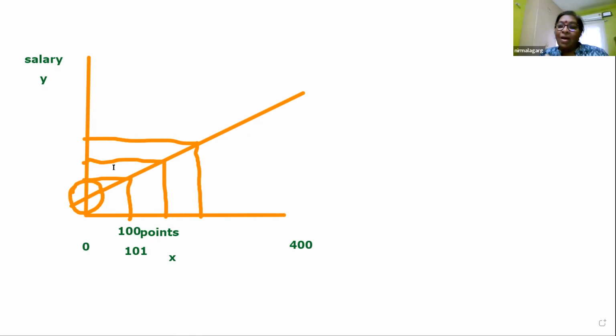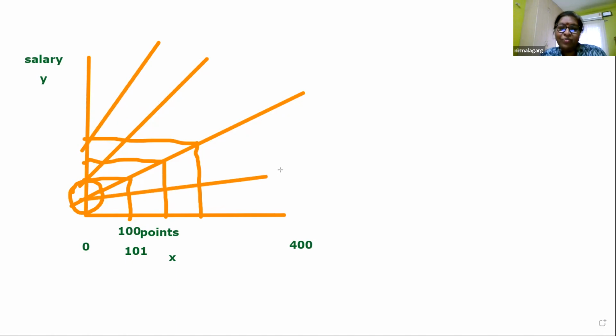Now, having said that, supposing I draw another slope like this, and another line like this. What does it mean?